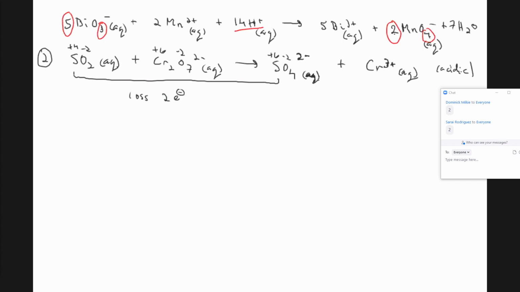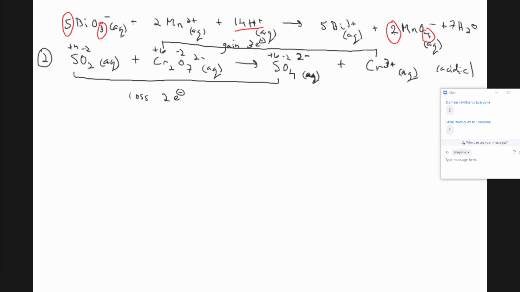So sulfur in this case got oxidized, correct? And chromium went from being +6 to +3. This one gained, so this got reduced. In this case, it gained 3 electrons. Okay? So we've done the initial part the same, right? So now let's write each of our chemical half reactions.